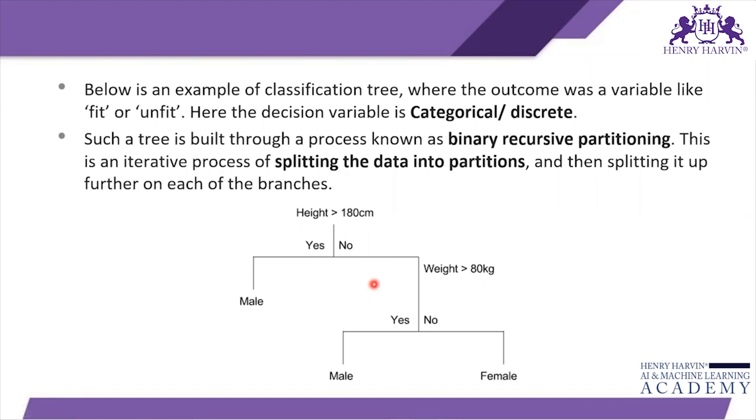Note that if the weight is greater than 80 kg, then we are saying the person is male, though females whose weight is also greater than 80 exist. But here I just show you an intuition of how a classification algorithm makes a tree. Decision tree classification makes a tree in its backend. So it is on fake data, not real data. That's how decision tree classification makes a tree, and this is a dummy tree.